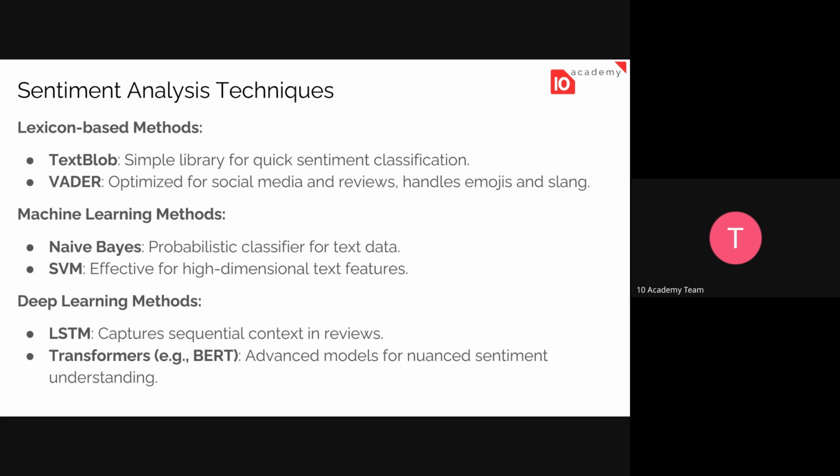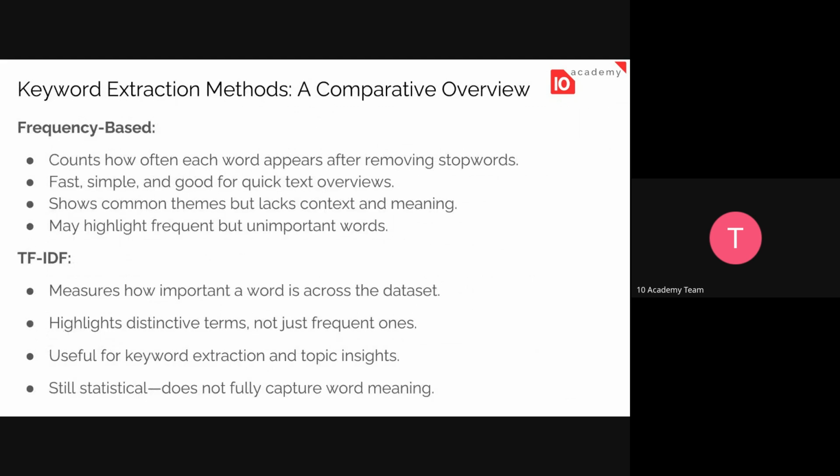They capture context from both directions in a sentence and usually give the most accurate results. So they are more powerful, but also resource-heavy on your computers. Next part, we are going to see the keyword extraction methods and a comparative overview.